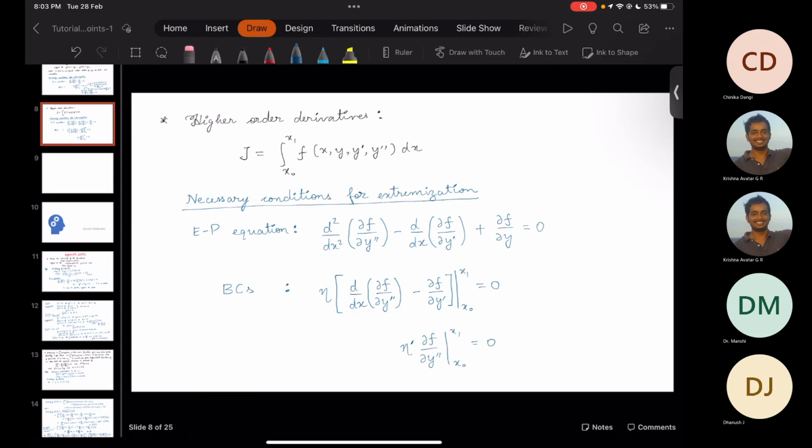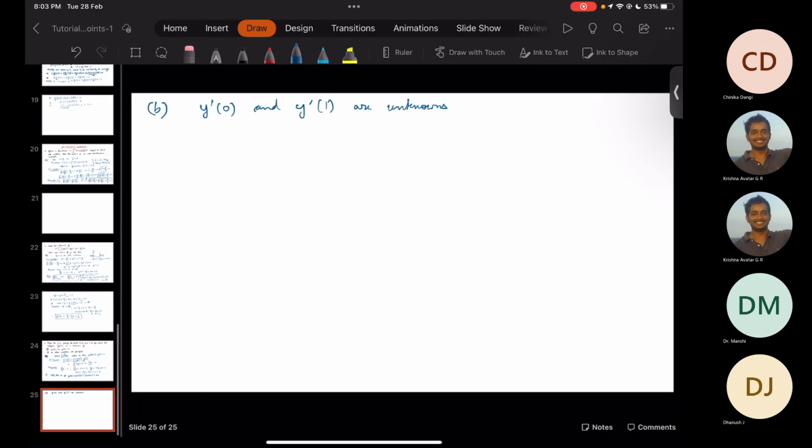Eta double prime dou f by dou y double prime at x0 and x1 is 0. So we have eta prime dou f by dou y double prime at x is equal to 0 is 0, and eta prime dou f by dou y double prime at x is equal to 1 is also 0.